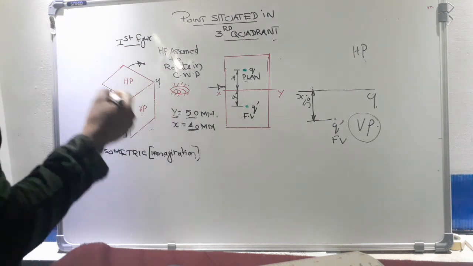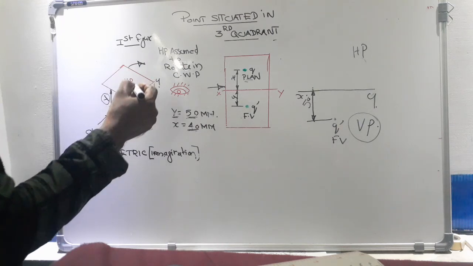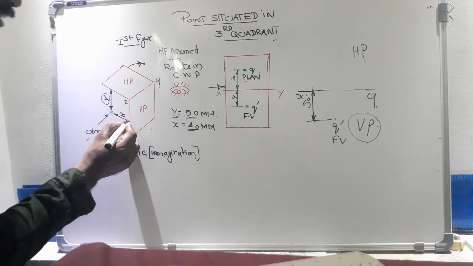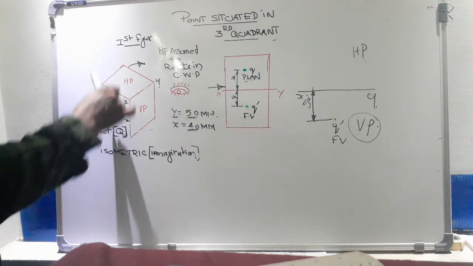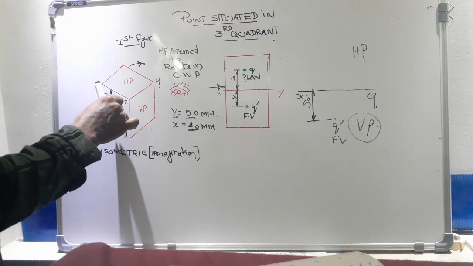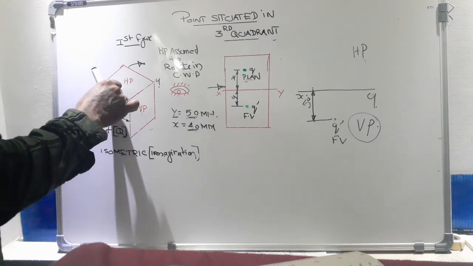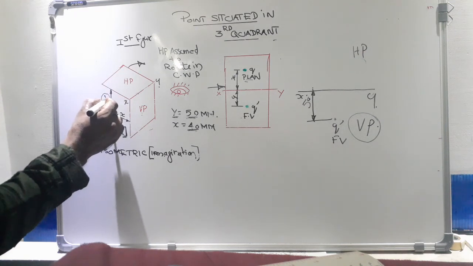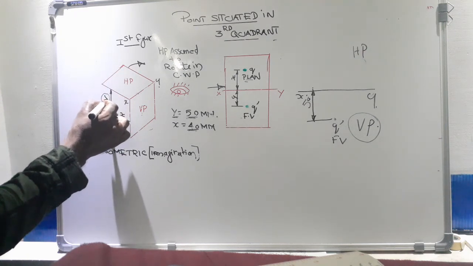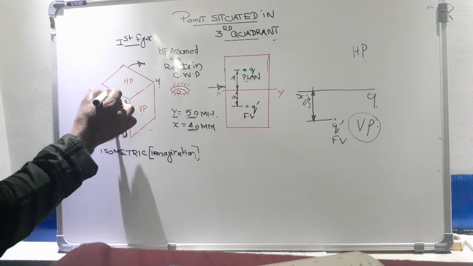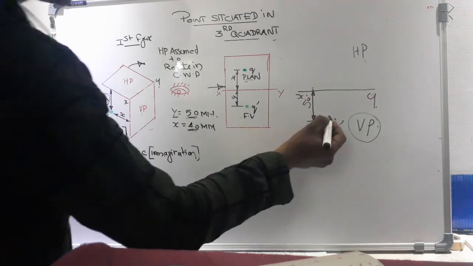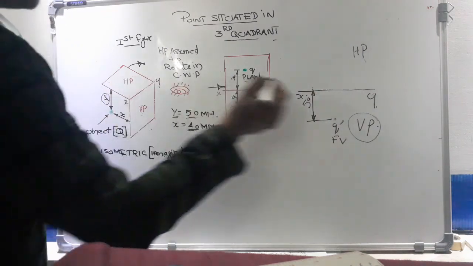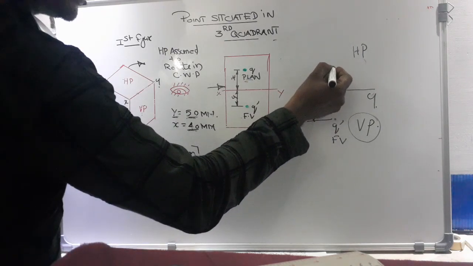We need a reference plane to project its plan. Keeping the distance x from the vertical plane, the string is gradually lifted towards the HP. Then the value y gradually reduces, and finally it touches the HP. That means the point comes above the XY line.